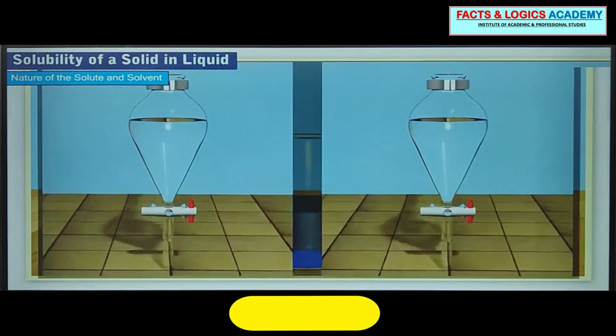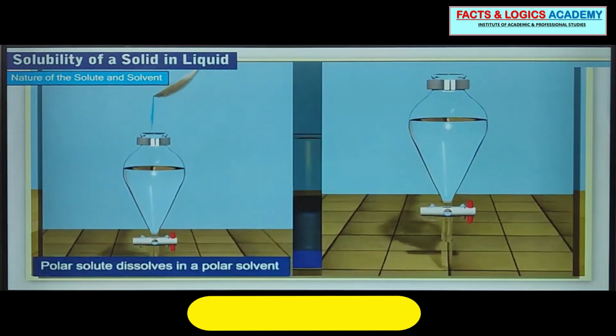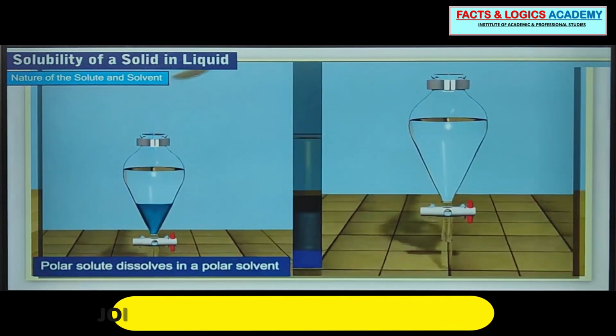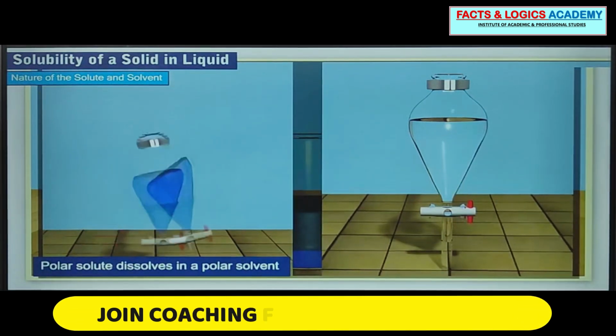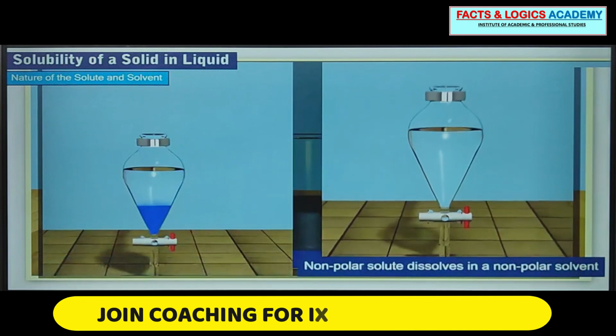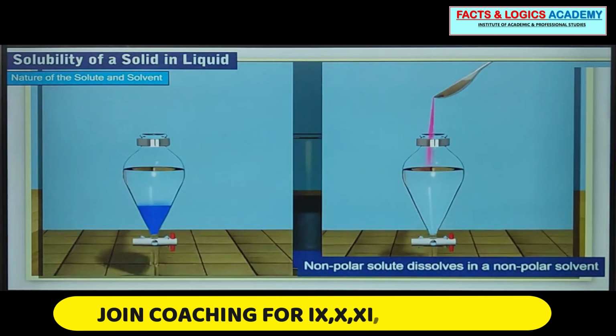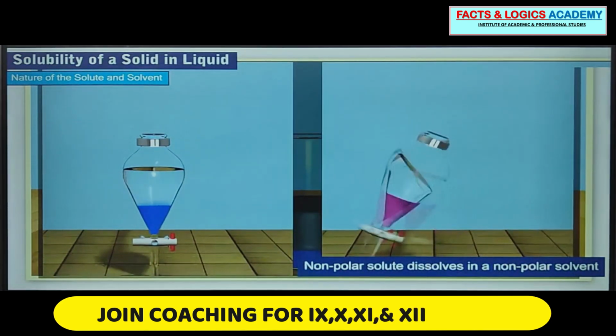For example, a polar solute dissolves in a polar solvent and a non-polar solute dissolves in a non-polar solvent.